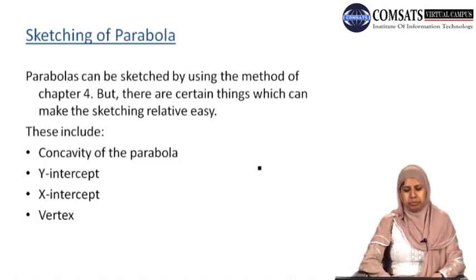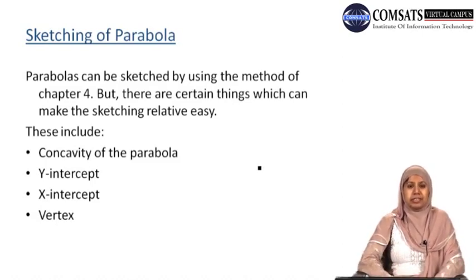But there are certain things which can make the sketching of our parabola relatively easy, and these are the concavity of the parabola, that is, if we know whether it is concave up or down, the intercepts of the parabola, which includes both x-intercept and y-intercept, and the vertex of the parabola.